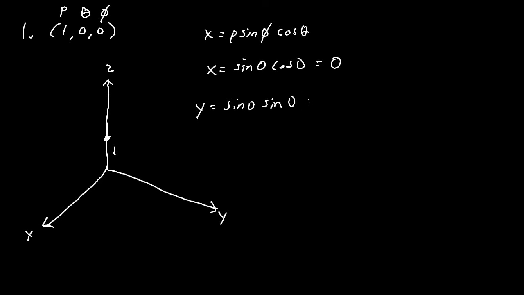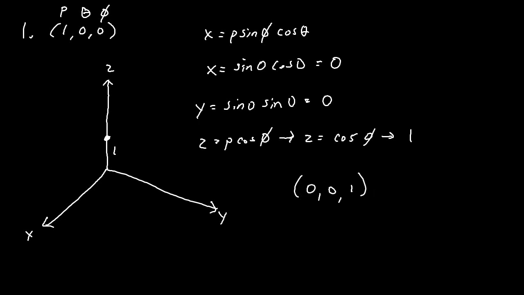Now sine of theta is also 0, so that will still give us 0. Now z is going to equal rho cosine of phi. And so rho is still 1, so z equals 1 times cosine of phi. Since phi is 0, we get cosine of 0, which is 1. So in rectangular coordinates, this is going to be the point 0, 0, 1, which as shown here is also 0, 0, 1.